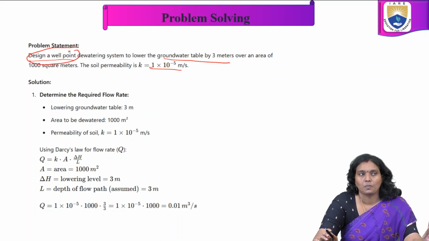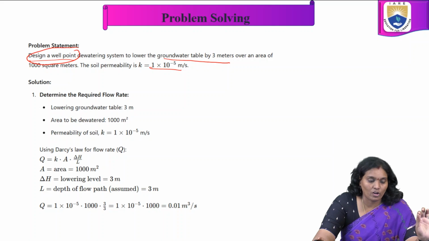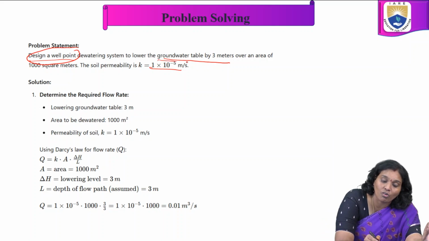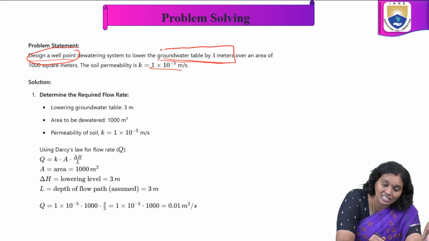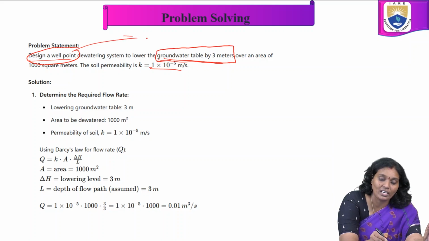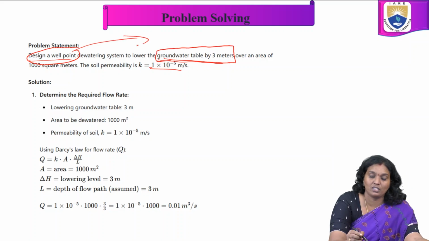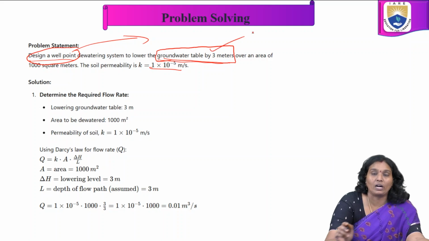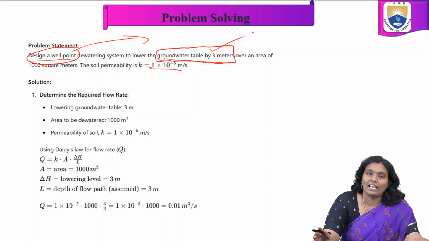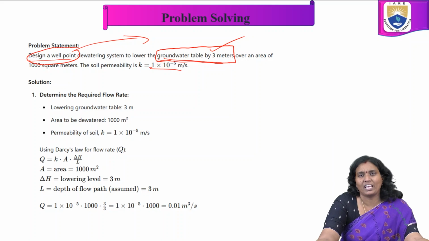A well point dewatering system is going to change the water table level over the required permissible area, based on the surface area.